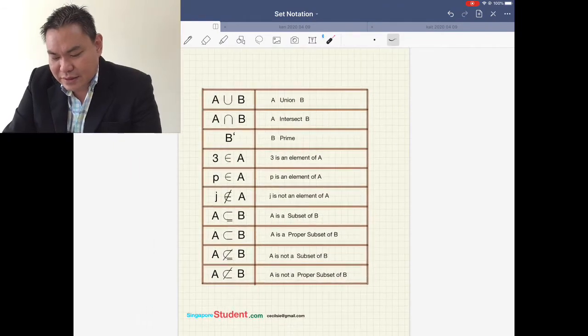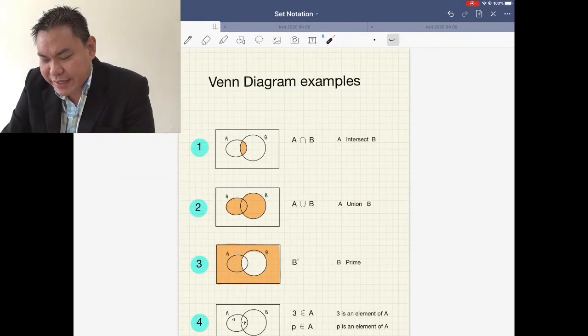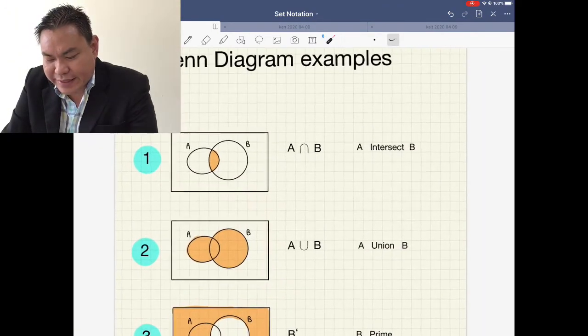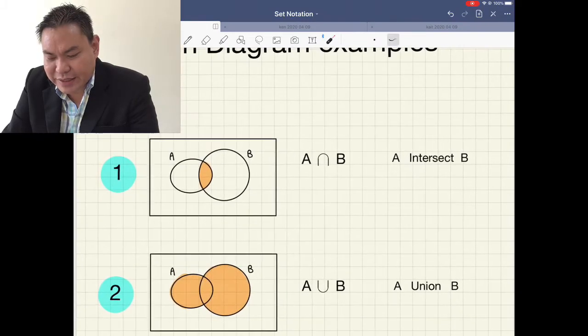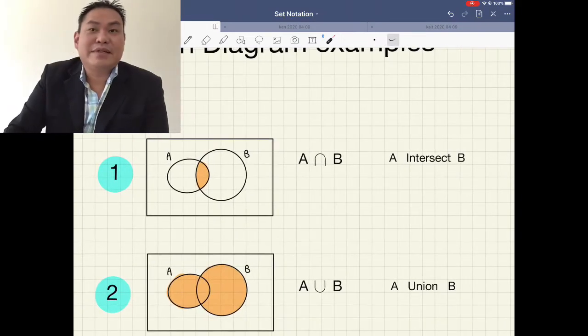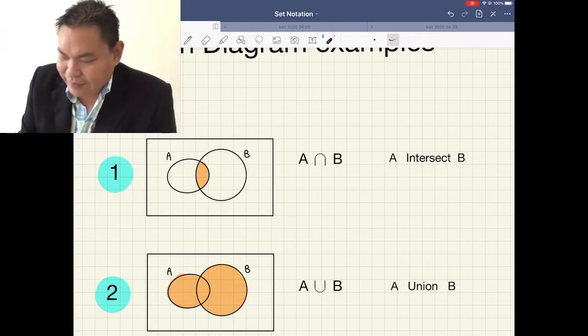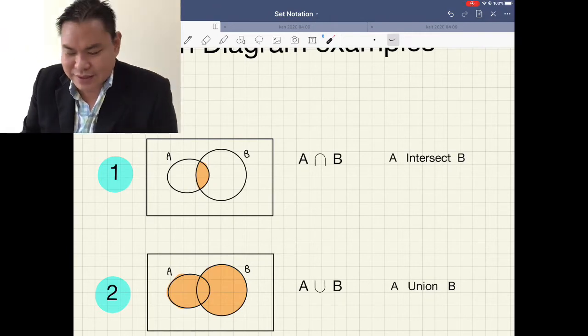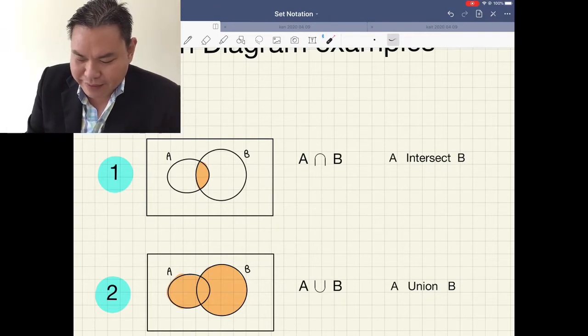The next one is the meaning. And to explain the meaning, I'm using this Venn diagram. Most of my students find this quite simple.